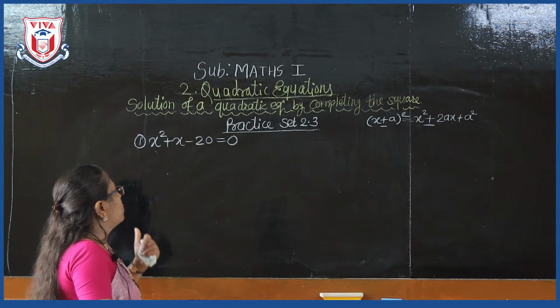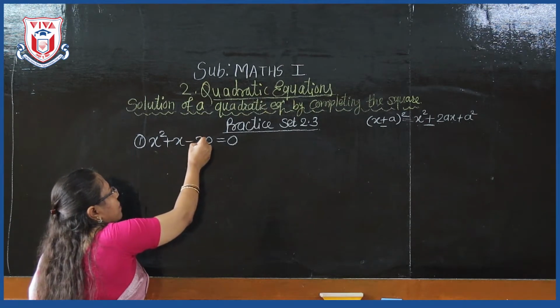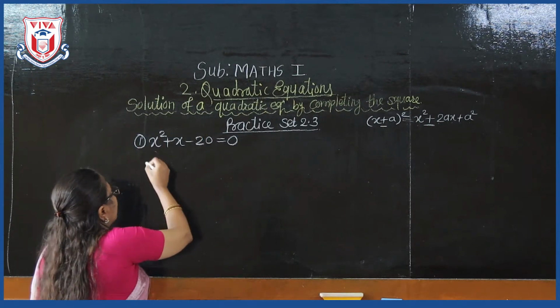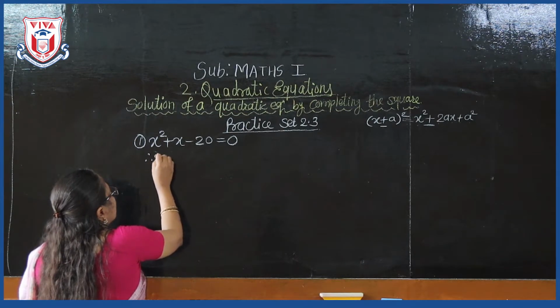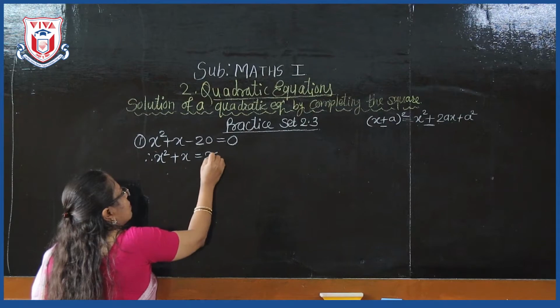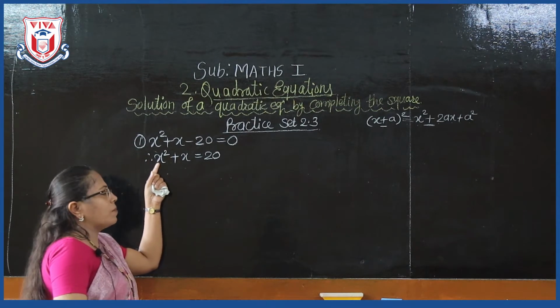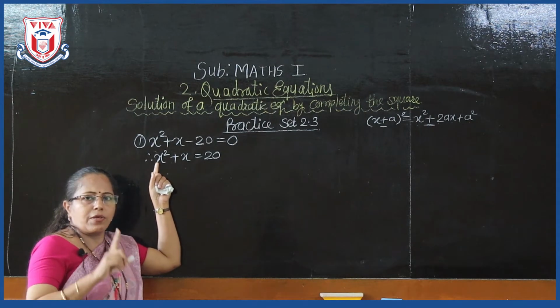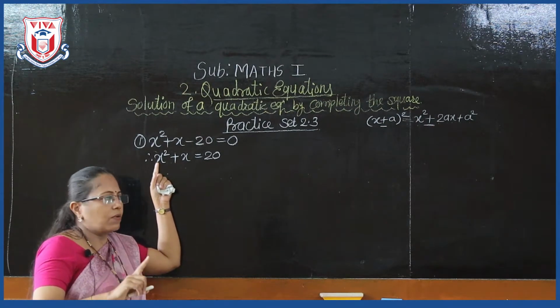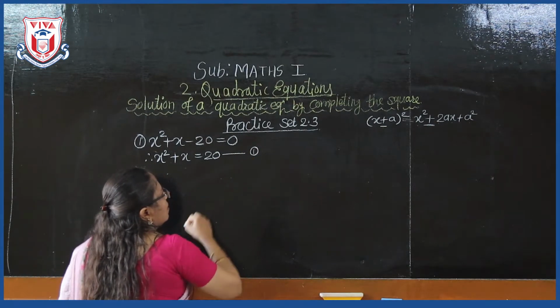Now what we have to do, our first step is to take this constant number on the right hand side, equal to 20. And remember that the square term always has coefficient 1. Okay. Now give the number for this equation, equation 1.